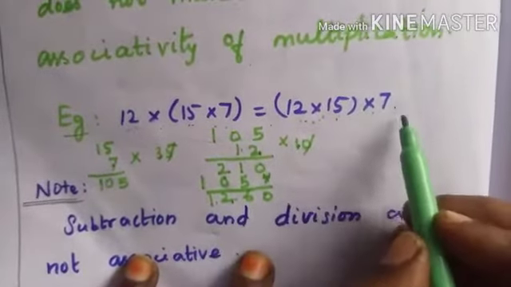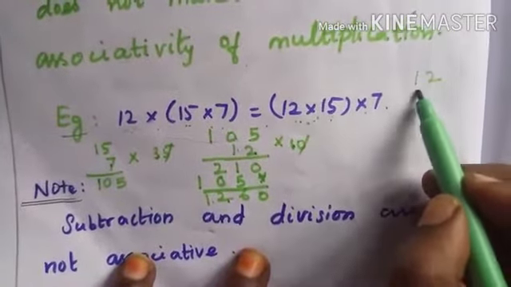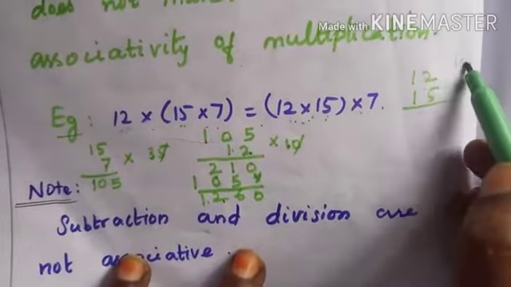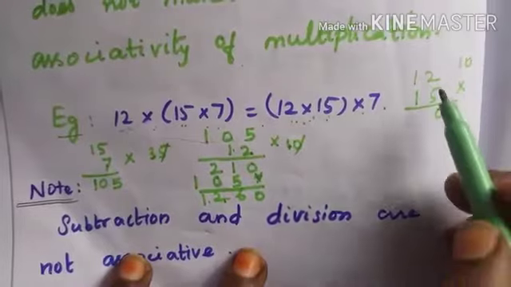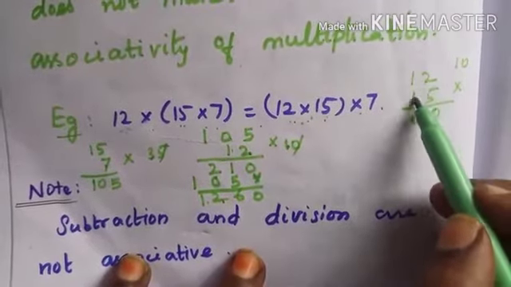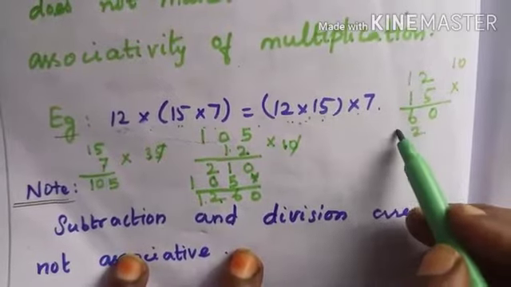Now we multiply this side, where the order is changed. 12 into 15. 2 fives are 10, so we put 0. 1 five is 5 plus 1 is 6. 2 ones are 2, 1 one is 1.